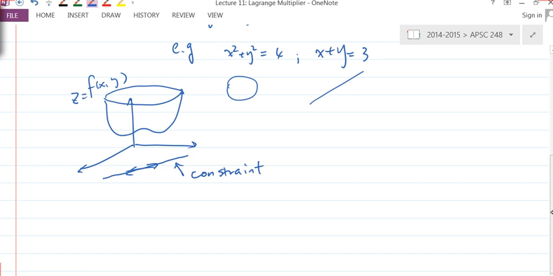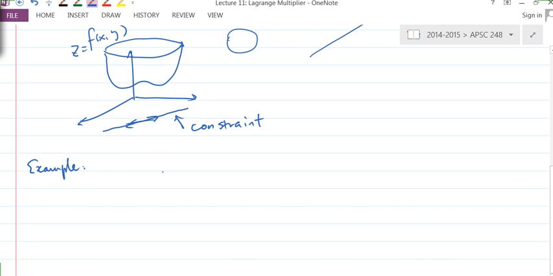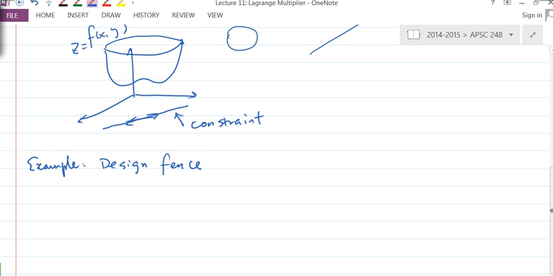Next, let me give you another example. It's a very common example of another constrained problem like this. Let's say you're going to design a fence. You're updating the garden, and you need to install a fence to enclose a certain area.